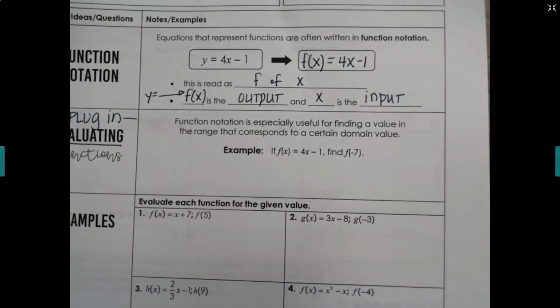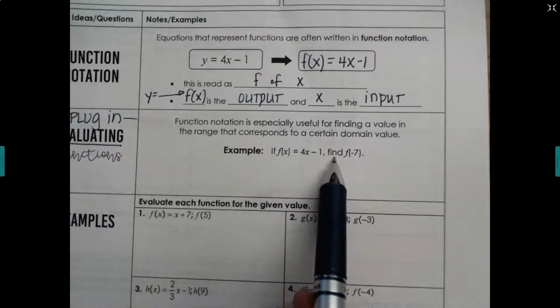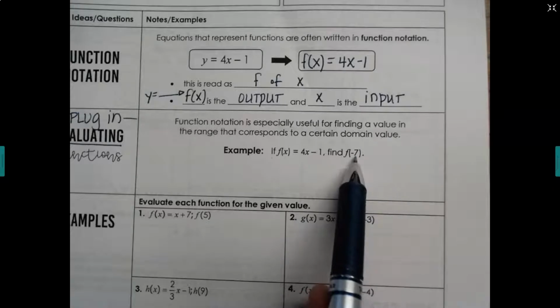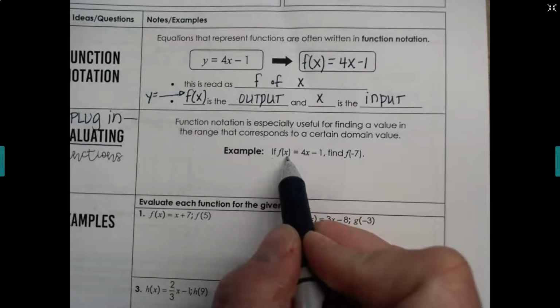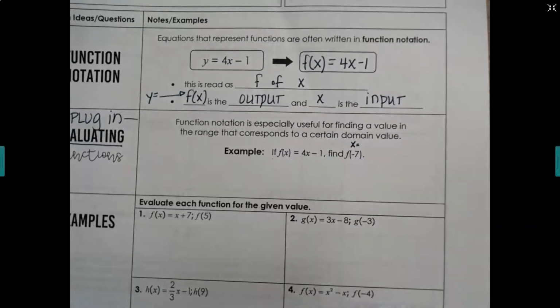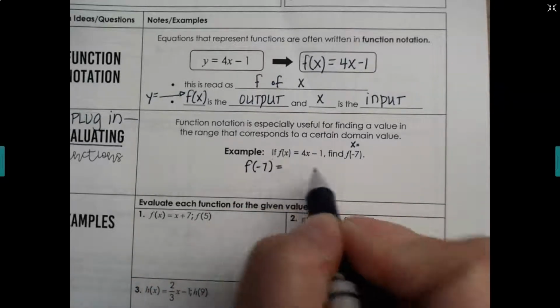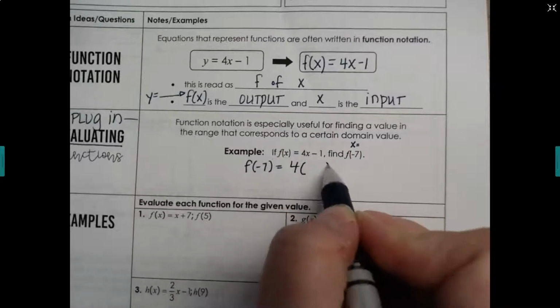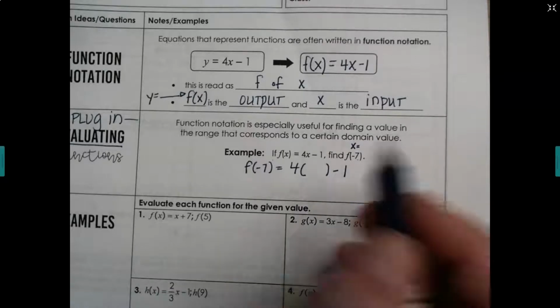When I look at my example, it says if f of x equals 4x minus 1, find f of negative 7. Now this negative 7, if I look at the original notation, is where the x is. So that says x equals negative 7. What they're saying is wherever there's an x, we're going to plug something in, and the something that we're going to plug in is a negative 7.